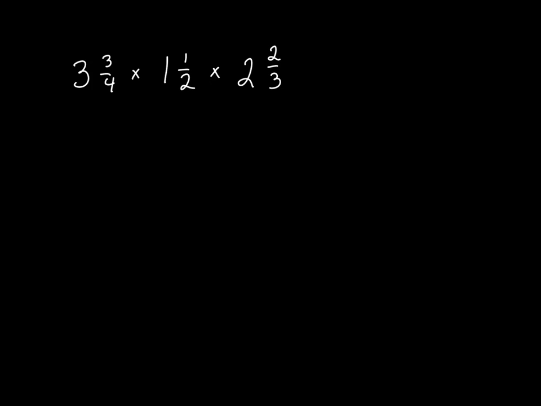All right, we have a group of 3 numbers here again. Remember, we can multiply a whole bunch of numbers all at once when we have fractions. But we do need to change them all to improper fractions instead of mixed numbers. So 4 times 3 plus 3 over 4, that would be 15 over 4.